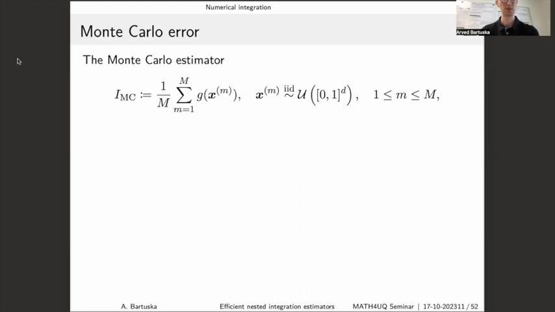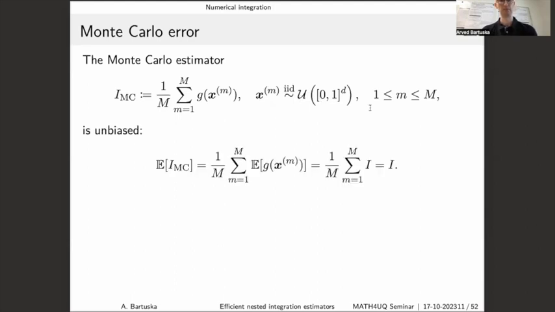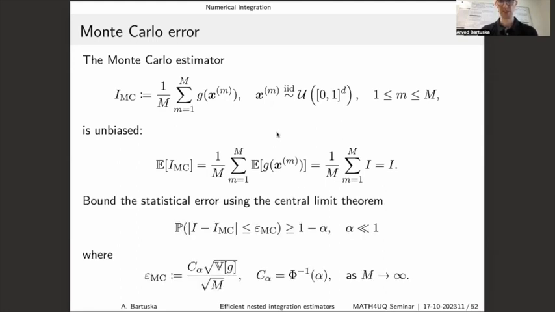Okay, so introducing the Monte Carlo estimator with the IID points. This estimator is unbiased. So basically, the expectation of this estimator for any number of samples will be the true integral. And this is easy to see because all the points are as good an estimate as every other point. And it has a variance.